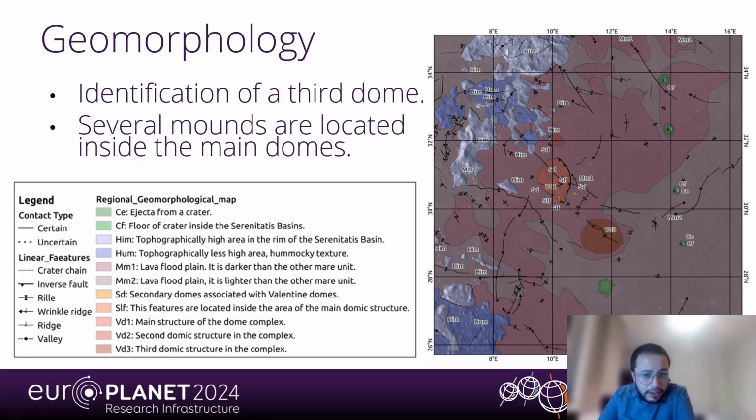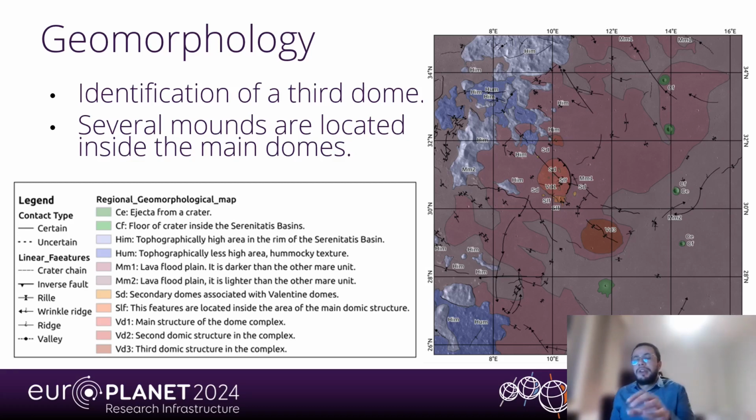This dome is actually a little larger than the main one, but it doesn't have some of the other interesting properties that the main dome shows. With this, I am referring to the existence of several small hills located inside the main dome. There are two options for the existence of these hills.